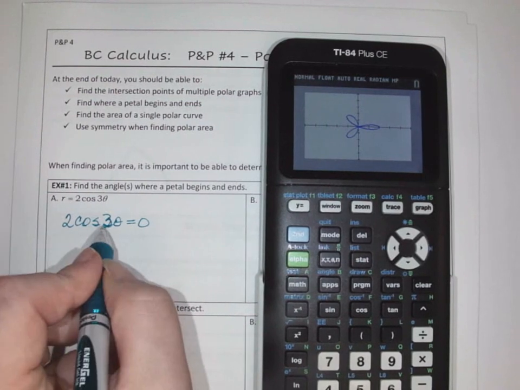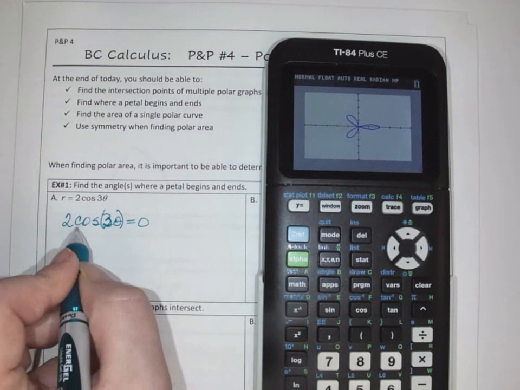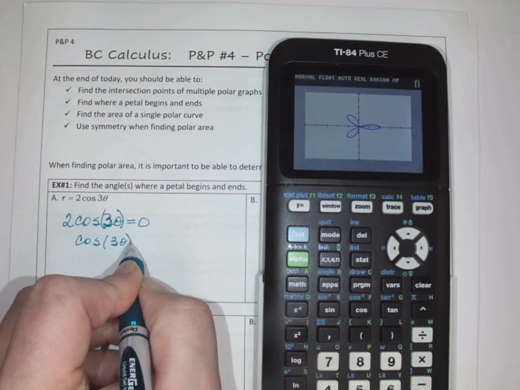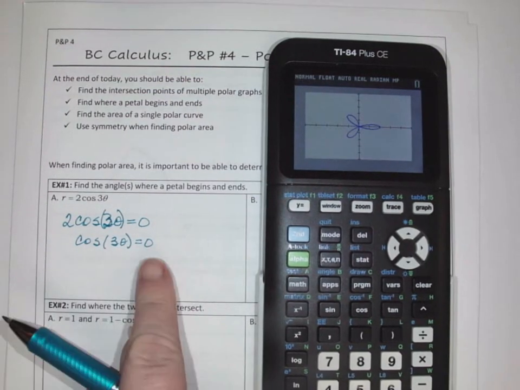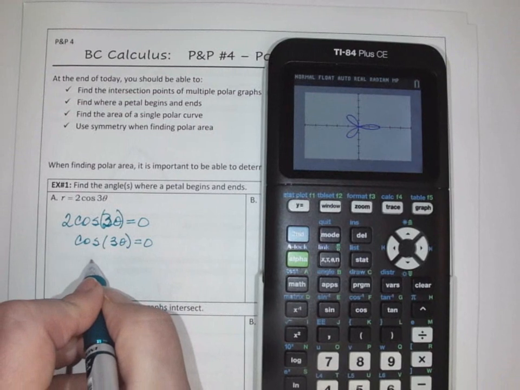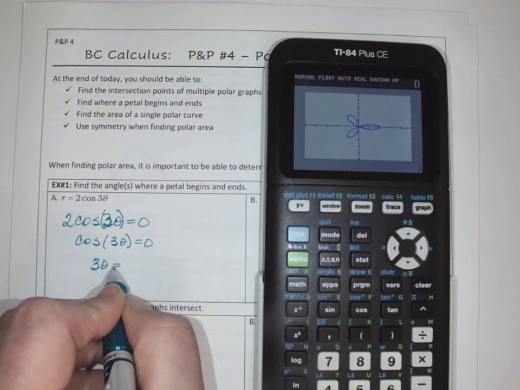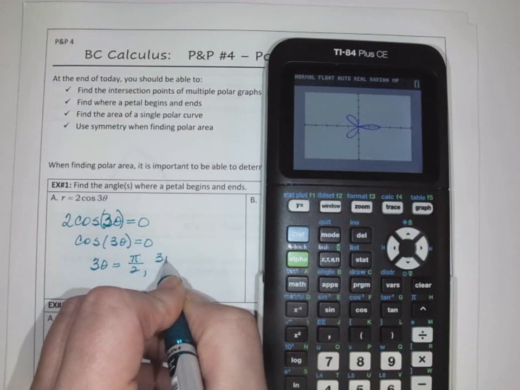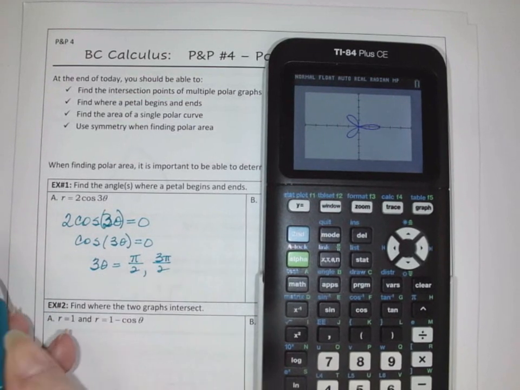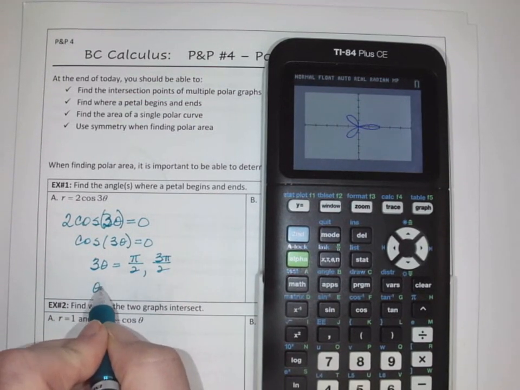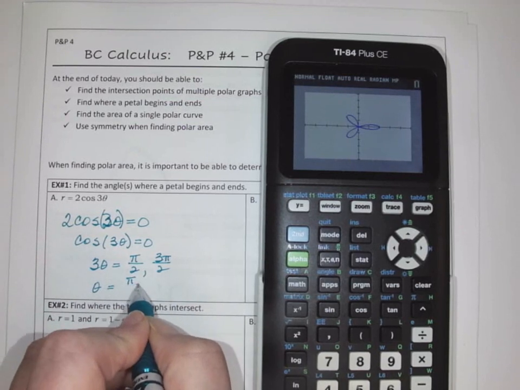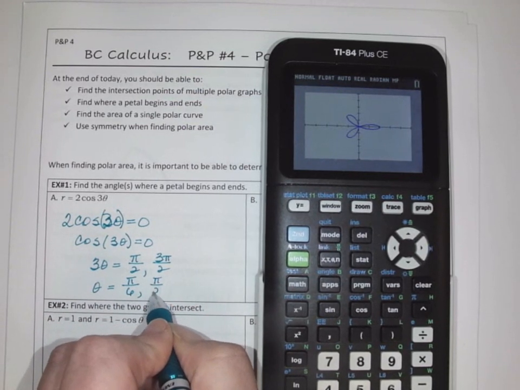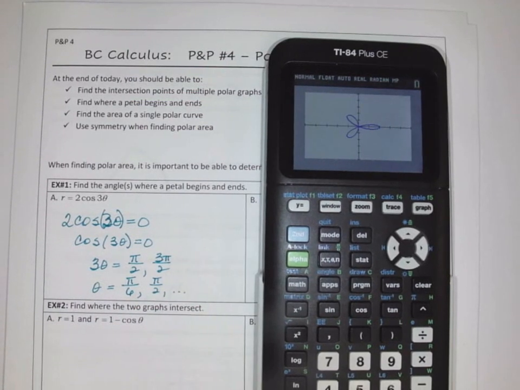So we're just going to solve for theta. If I divide by 2, I have cosine of 3 theta is equal to 0. Well, cosine is 0, so 3 theta is equal to pi over 2 and 3 pi over 2. And then I'm going to divide by 3, so theta is going to be pi over 6 and pi over 2 and so on and so forth.